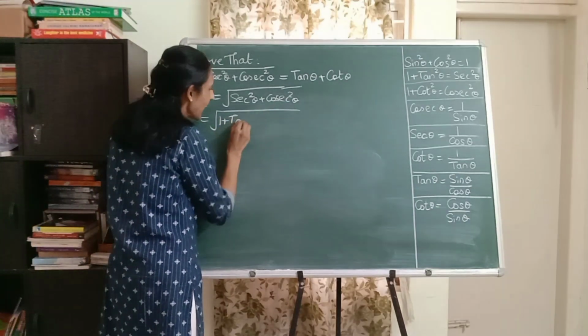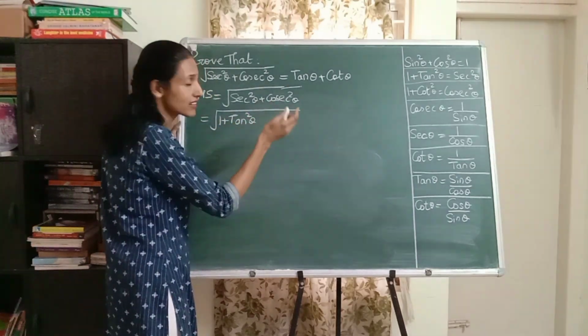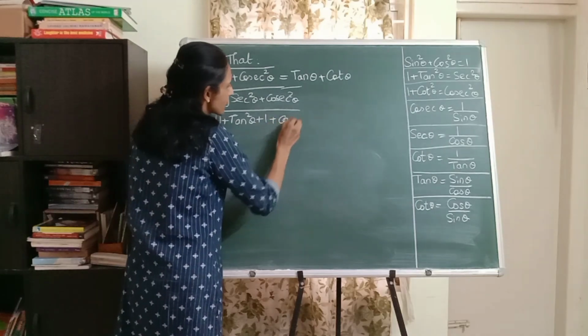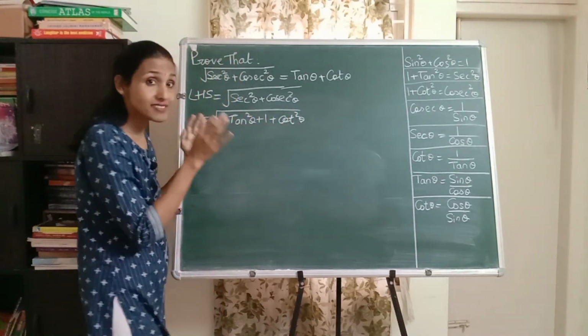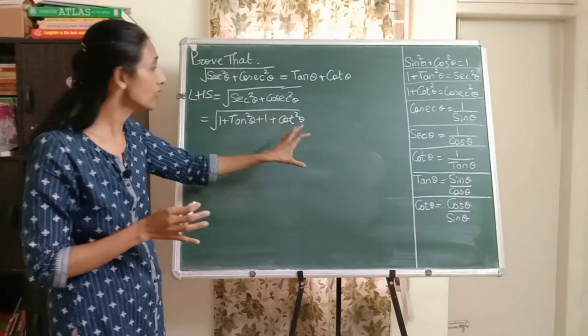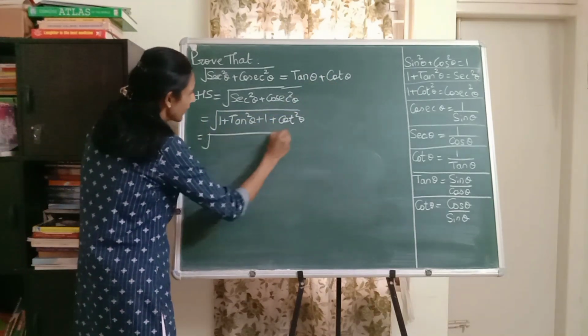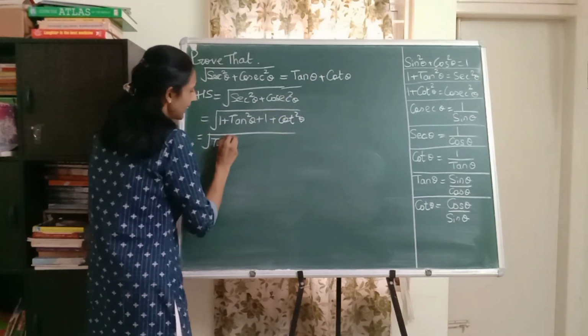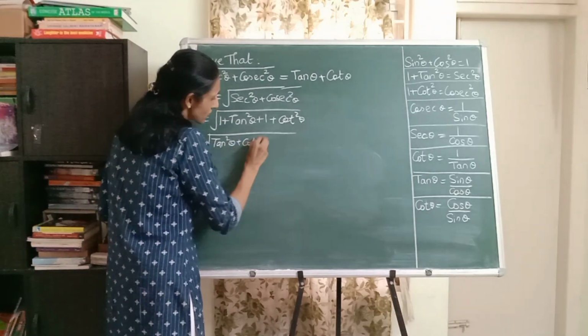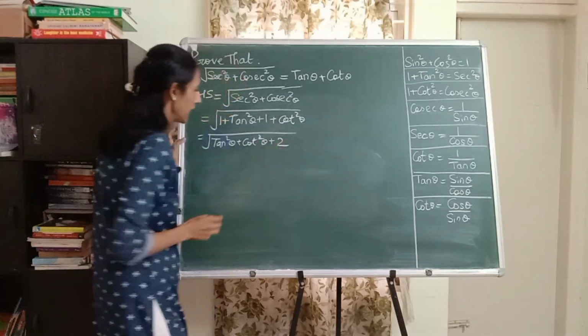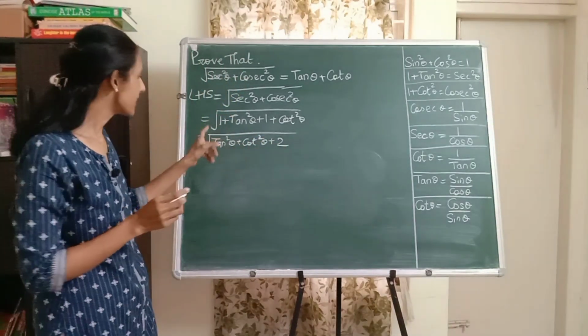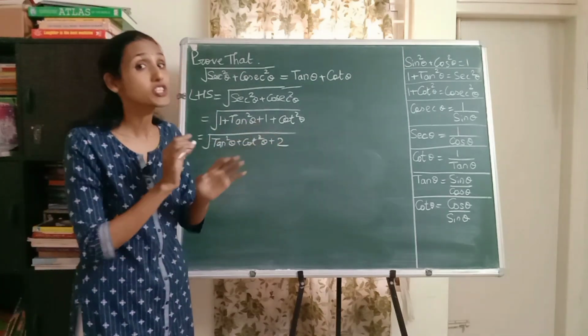So let's write it and see what happens. And cosec square theta is 1 plus cot square theta. Okay, so at least now I have tan theta and cot theta, which is there on the other side. Now let me add the 1 and 1 together. So I get tan square theta plus cot square theta plus 2. Now although I have tan and cot, there is still that square root and this 2 which I don't at all want, right?